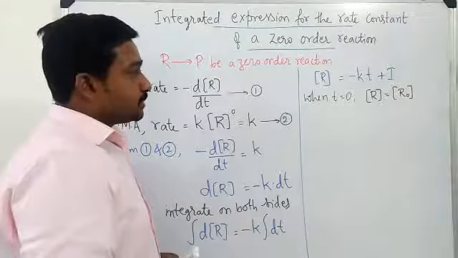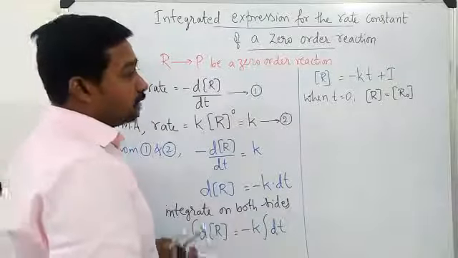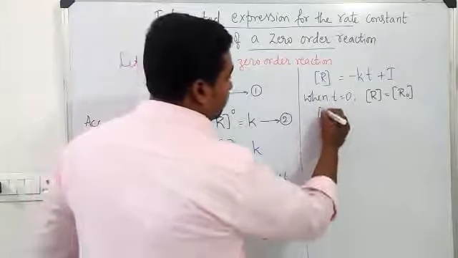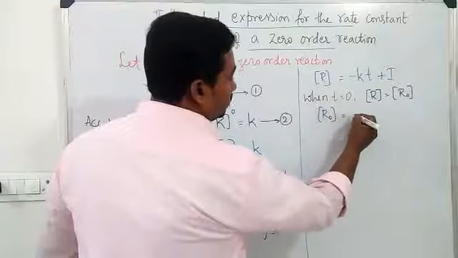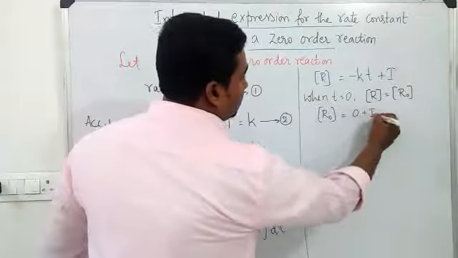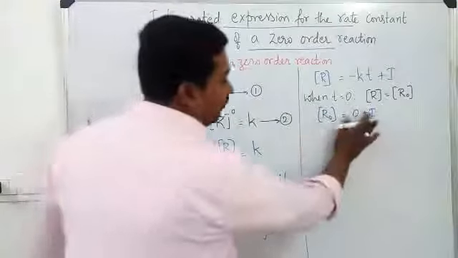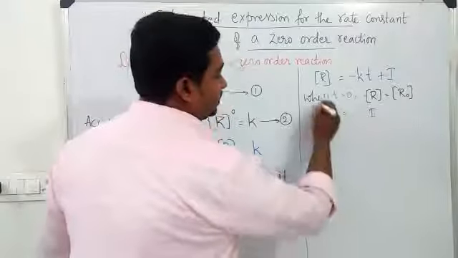Now what happens to this expression? If I put R equal to R0, this becomes R0, which is equal to 0 plus I. So I got the value of I here. I is R0.